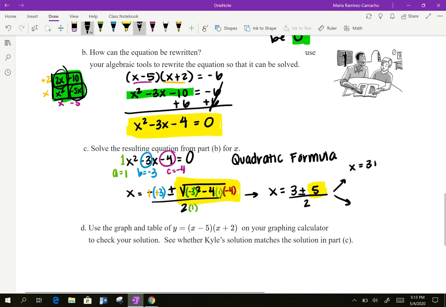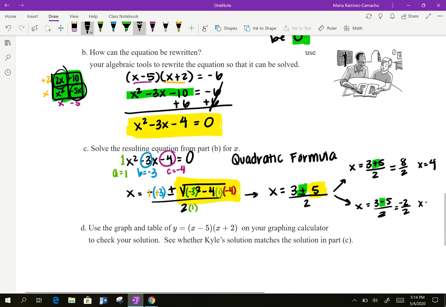Okay, now we have x equals (3 plus 5) over 2 and (3 minus 5) over 2, and that's because of that plus-minus thing that we have going on. Okay, 3 plus 5 is 8. 8 over 2 is 4. 3 minus 5 is negative 2.